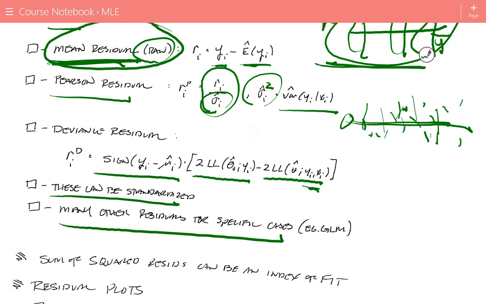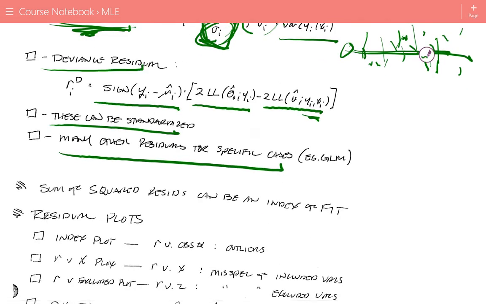The Pearson residuals can be a way to identify if your variance function is proper, because if you divide by the estimated standard deviation and it is proper, then you should end up with a homoscedastic distribution of the Pearson residuals. And then the other types of residuals are very helpful for very specific purposes, and I would refer you to the literature on the estimator that you're using. And probably the easiest way to do this is to look through the available residuals and residual analysis in the software that you're using, right?